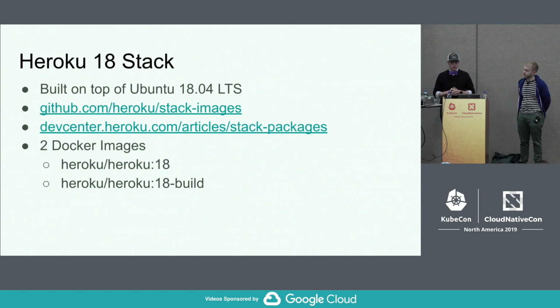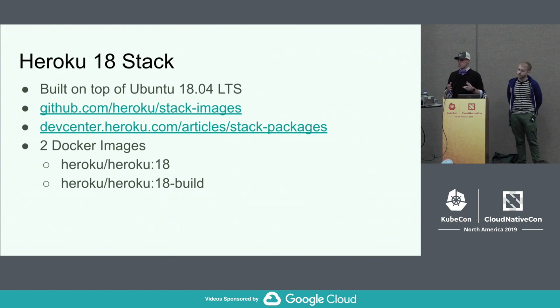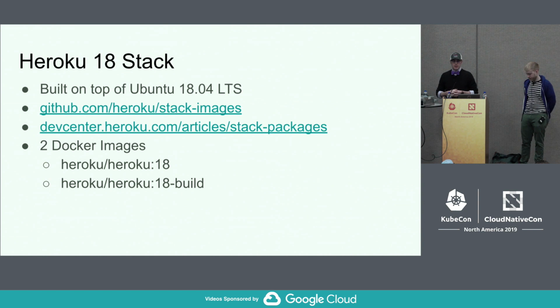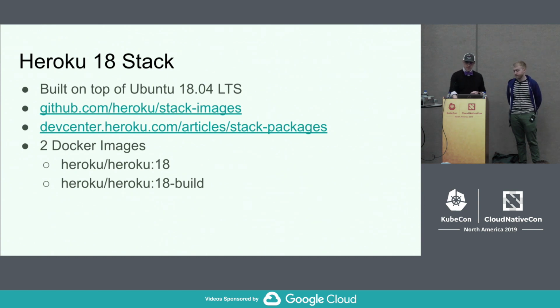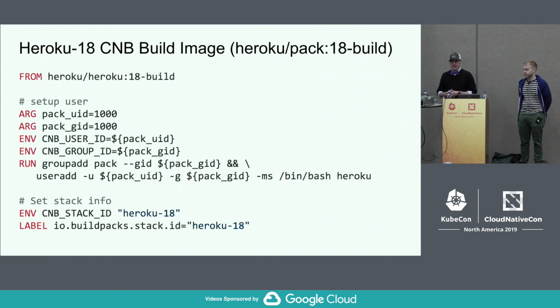There are the Heroku 18 and Heroku 18 build images. The build image contains dev headers and other tools that you need to compile and prepare your app for production. The Heroku 18 image is slimmer and has only what's necessary for runtime. But in any case, these two images provide the foundation for the Cloud Native Buildpack stack.